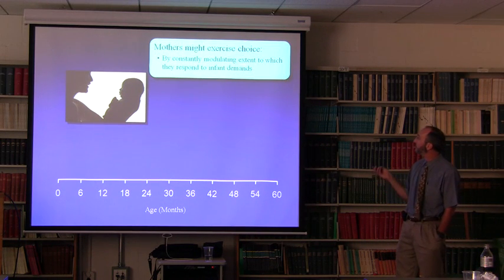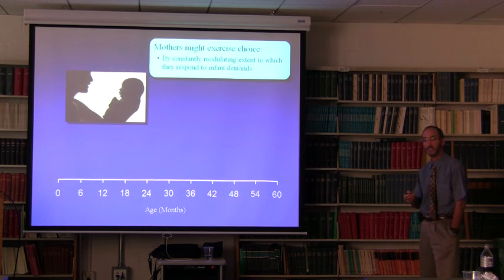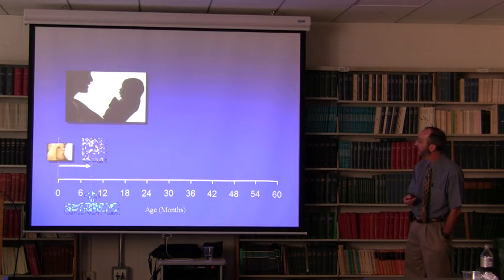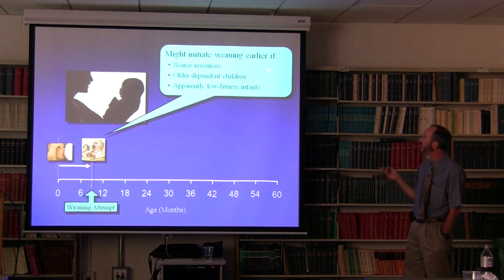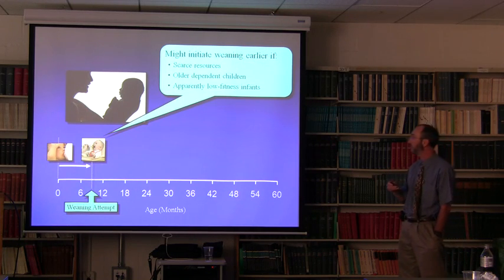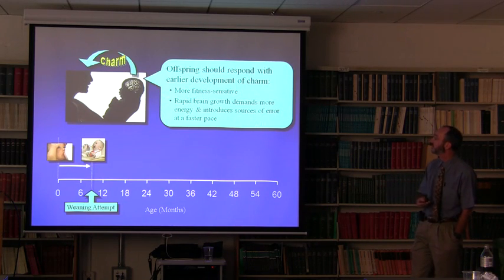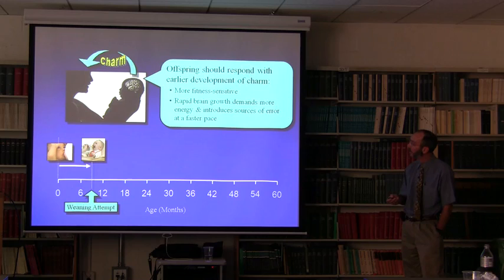Now, mothers might exercise this choice by constantly modulating the extent to which they respond to infant demands. They might initiate weaning earlier if there are scarce resources, older dependent children, or apparently low fitness infants. Offspring should respond with earlier development of charm, making it more fitness sensitive, because, as I said, rapid brain growth is more difficult to do without errors.